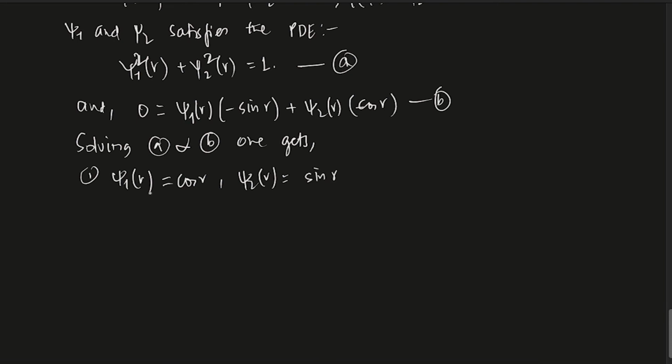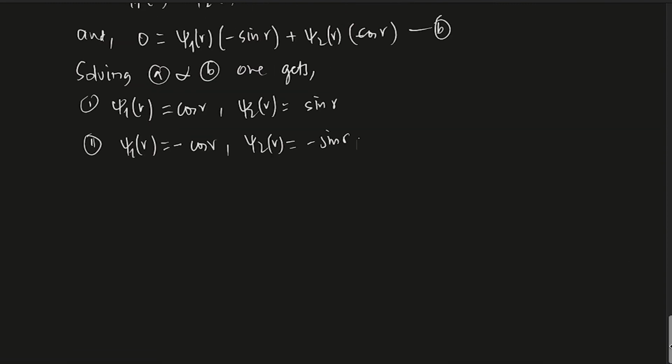Because cosine r times minus sine r plus cosine r times sine r will be 0. Or the same thing with the sign flipped: psi 1 of r is minus cosine of r, and psi 2 of r is minus sine of r. Whatever you can choose. Now let's choose the first condition.